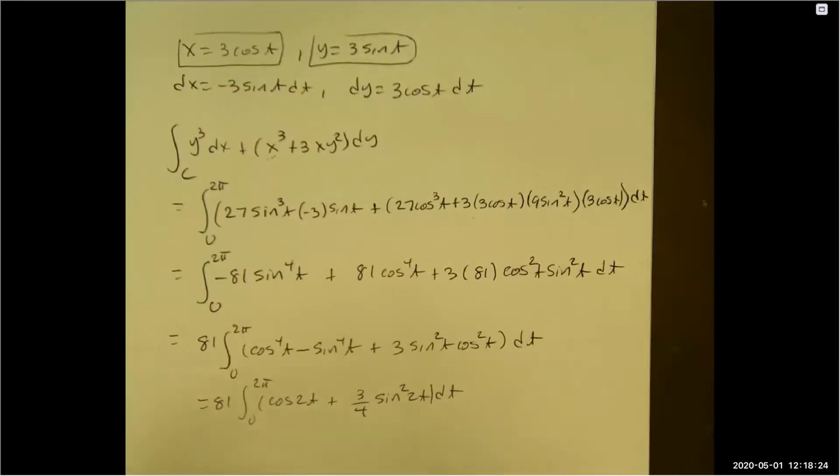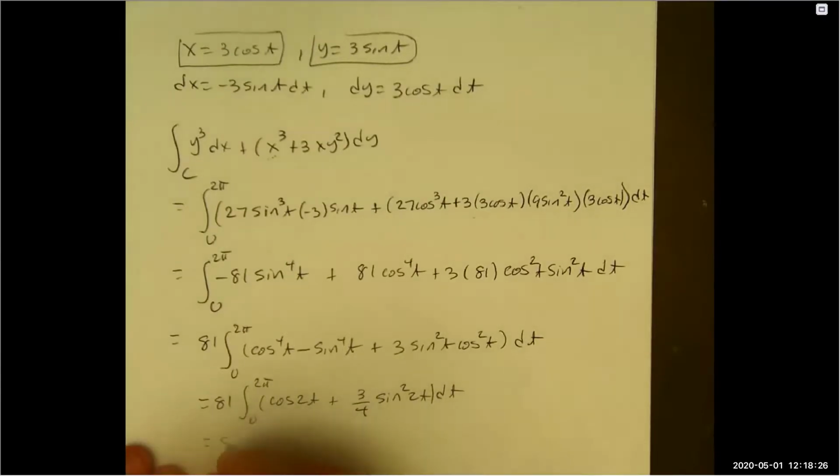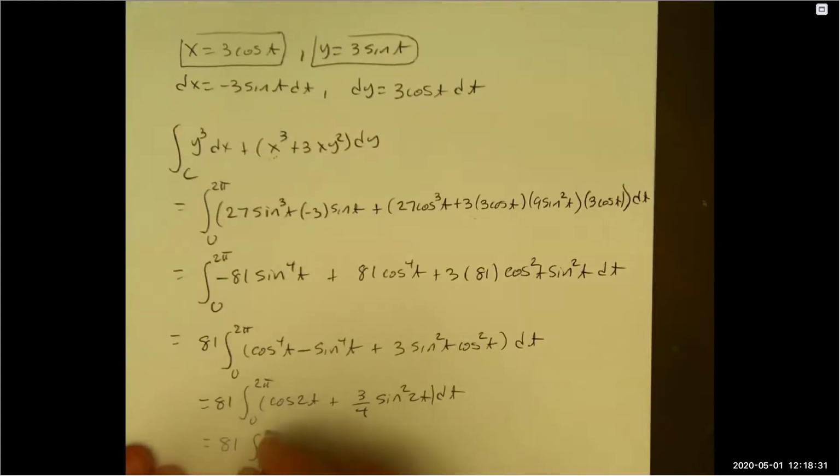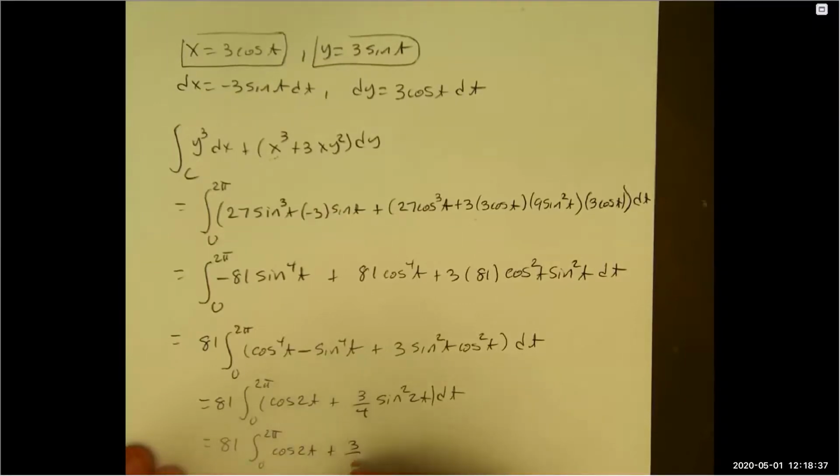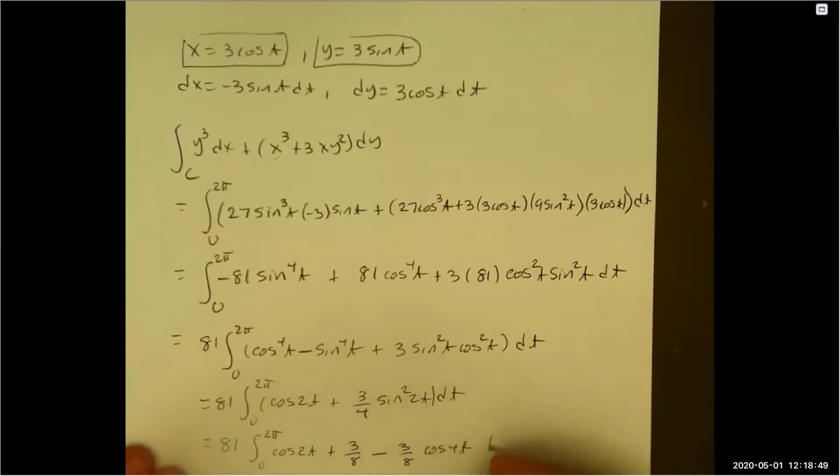And so what we're going to get is 81 times the integral from 0 to 2 pi of cosine of 2t plus 3/8 minus 3/8 cosine of 4t, using that power reduction.